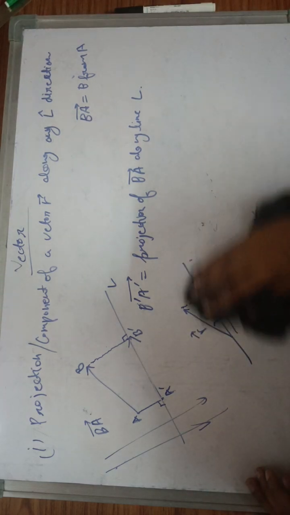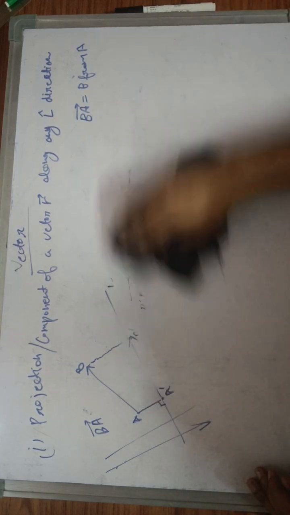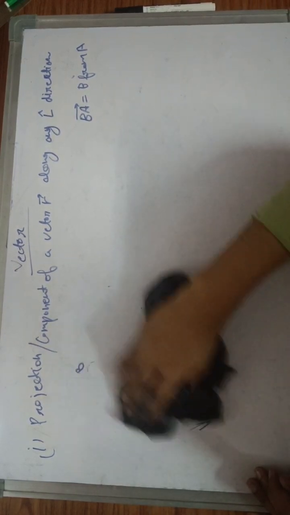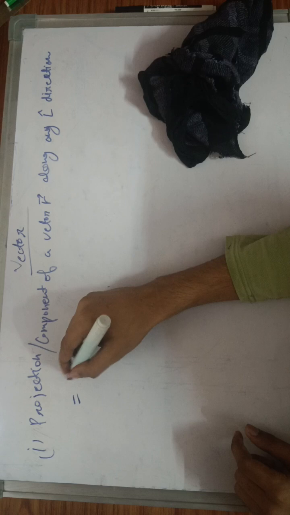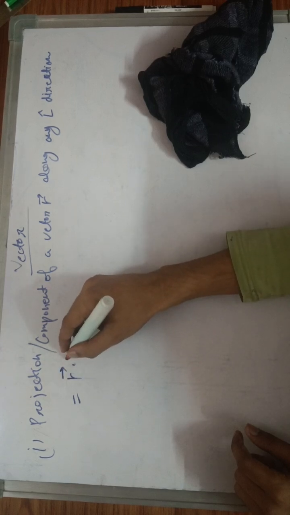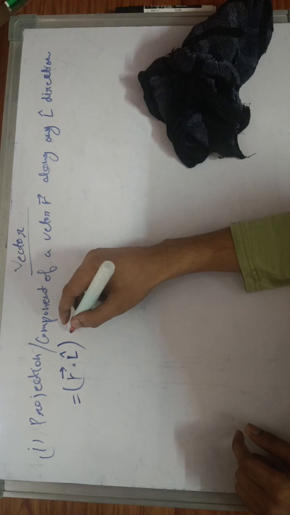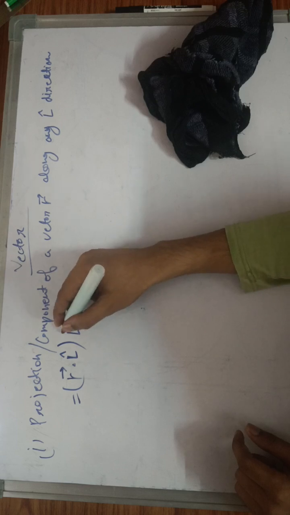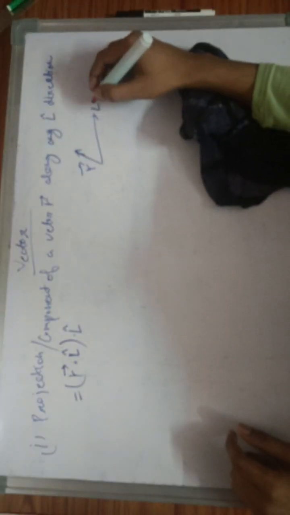Now there is a simple formula for writing a vector projection, which is equal to R vector dot L cap, into L cap, where this is R vector and this is L cap.